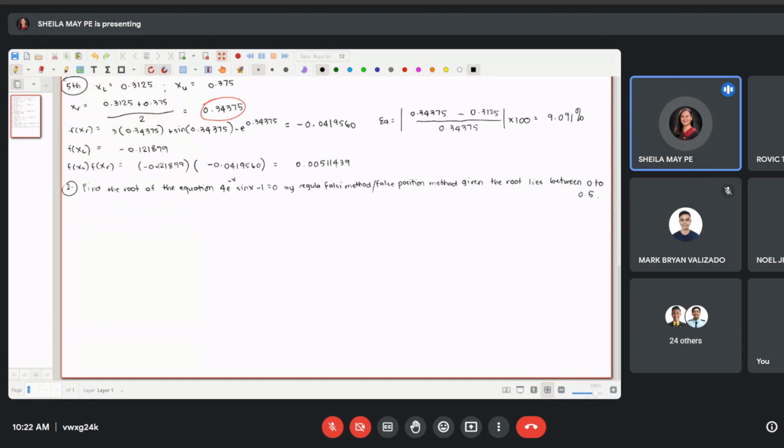Now, what's the formula for regular falsi or false position method again? That's x sub r equals x sub u minus f of x sub u times x sub l minus x sub u over f of x sub l minus f of x sub u. Okay.